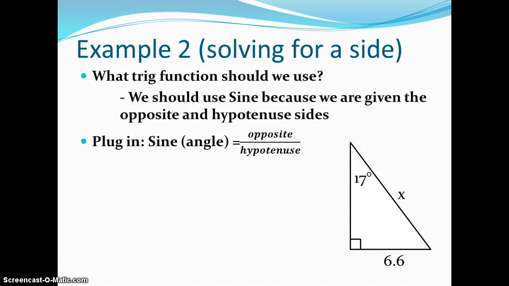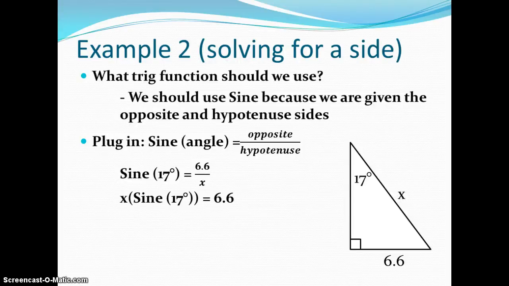So we're going to plug in the sine of the angle equals the opposite over the hypotenuse. So we're going to plug in what we know. So we have the sine of 17 degrees, which is our angle, equals the opposite side, which is 6.6, over the hypotenuse, which is x. Now we're going to solve for x. First, we're going to multiply each side by x.